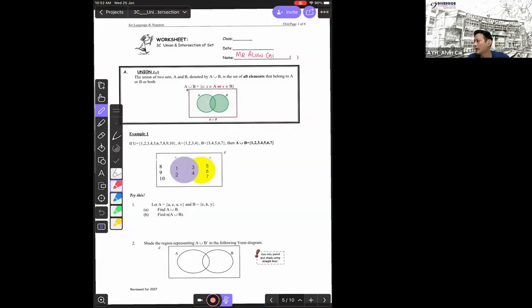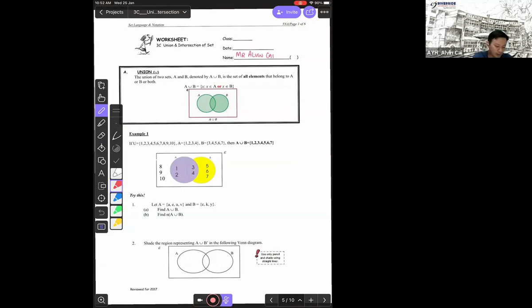If you do have any question, I want to repeat myself, you can post in the group chat in the Zoom or in our math group chat itself. Now we are moving on to the next part, which is this worksheet over here, 3C.